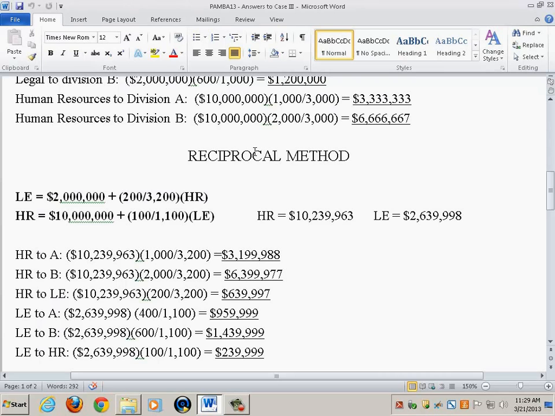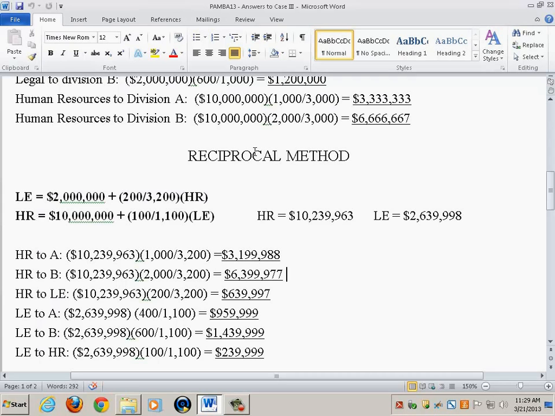Well, the problem is that in most realistic situations, you had many more than two service departments and many more than two operating departments. Well, let's assume you had 25 supporting departments and 25 operating departments.